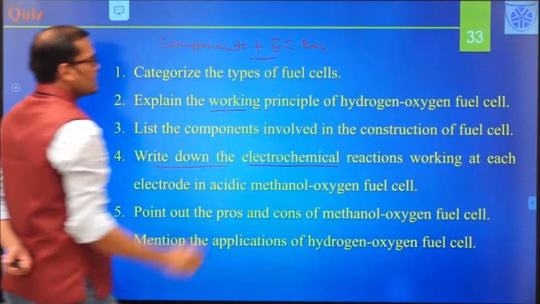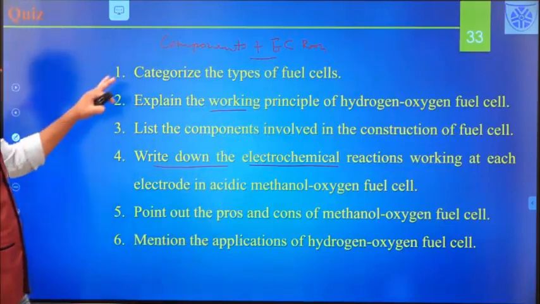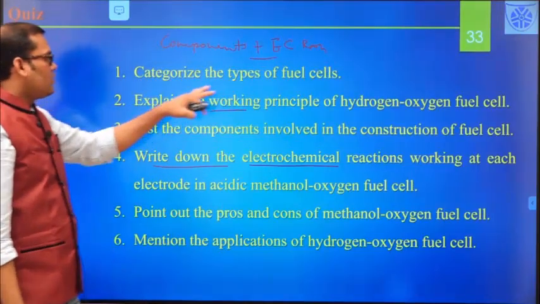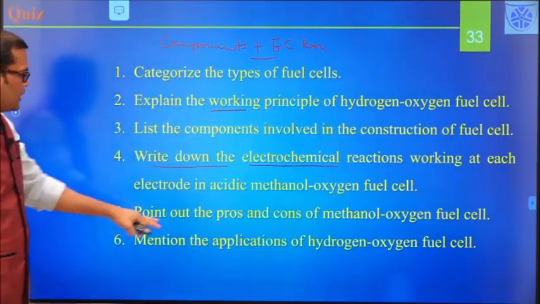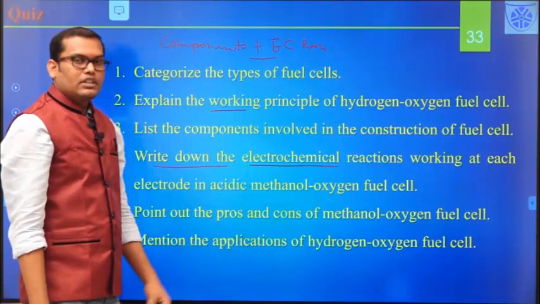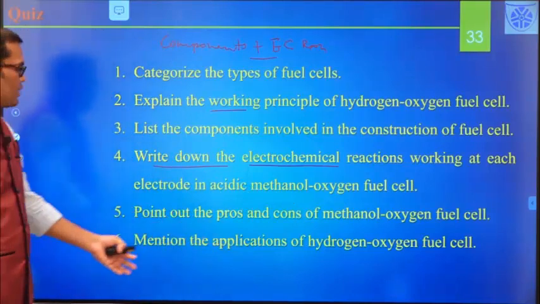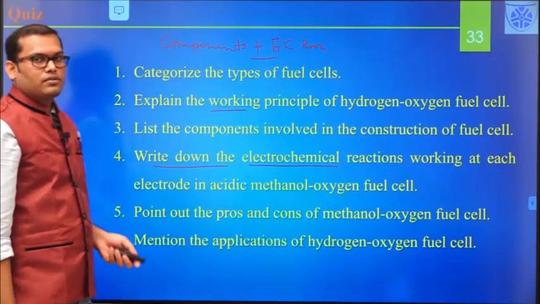These are the two things you need to remember when writing the answer for the working principle of any fuel cell. Then point out the pros and cons of the methanol oxygen or hydrogen oxygen fuel cells, and mention some applications for the two types of fuel cell.